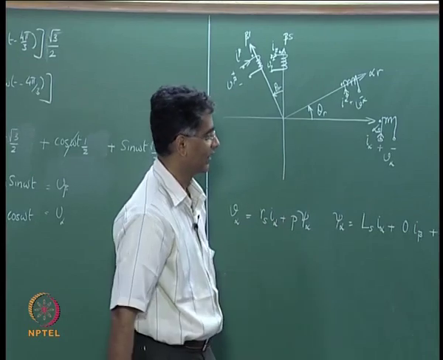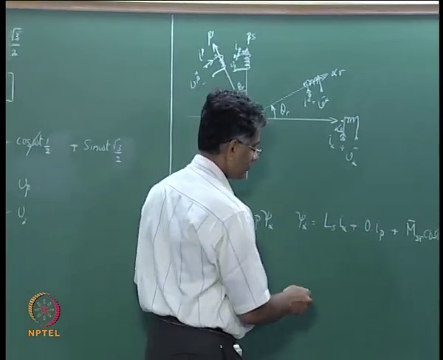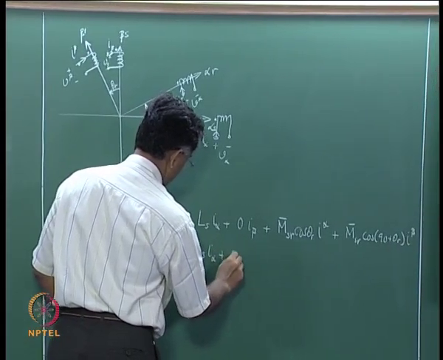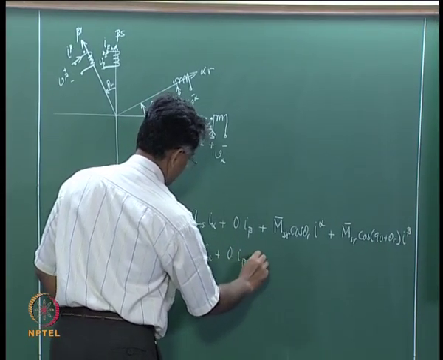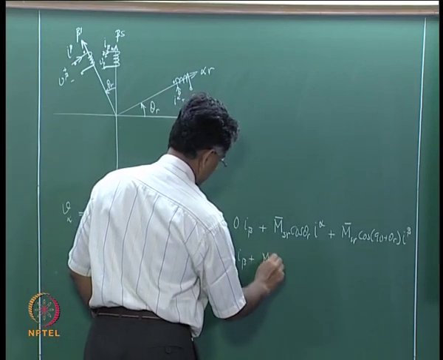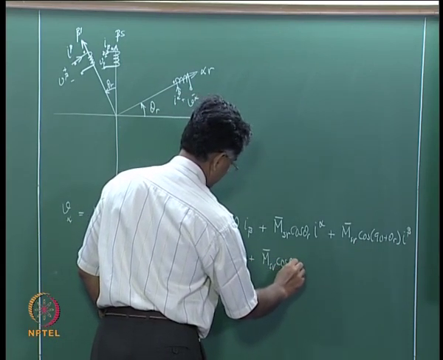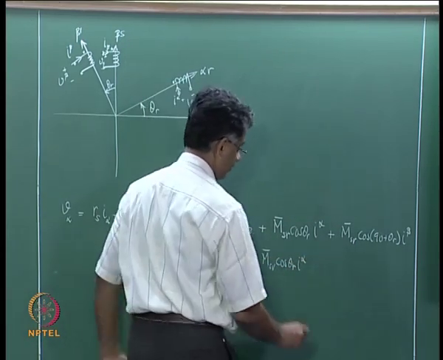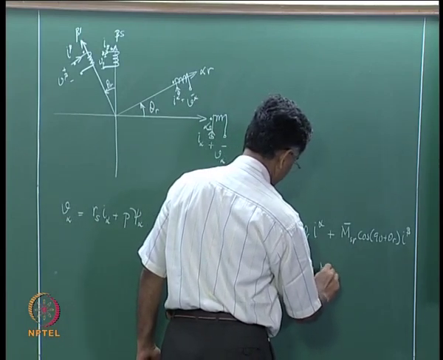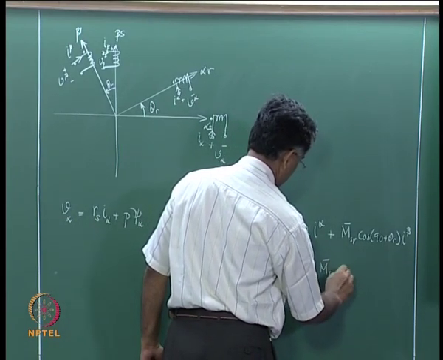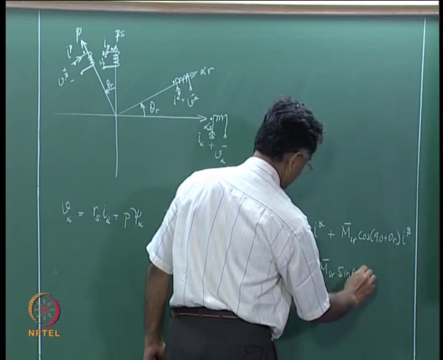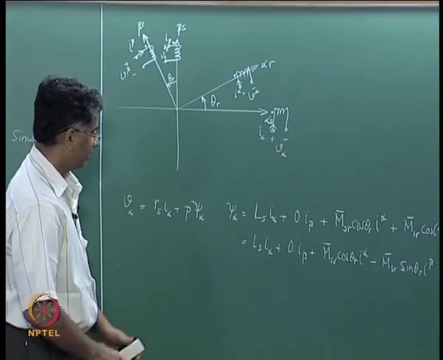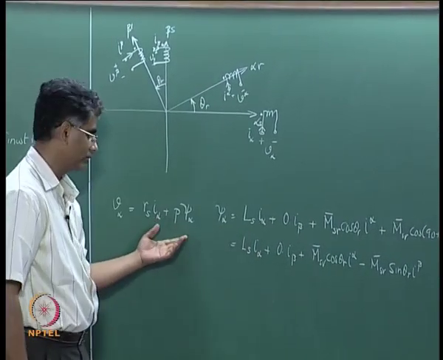Therefore, MSR is really the same, and therefore this can be written as Ls into I alpha plus 0 times I beta plus MSR cos theta r into I alpha, and then cos of 90 plus theta r is minus MSR bar sin theta r into I beta, and therefore this is what you are going to substitute here.